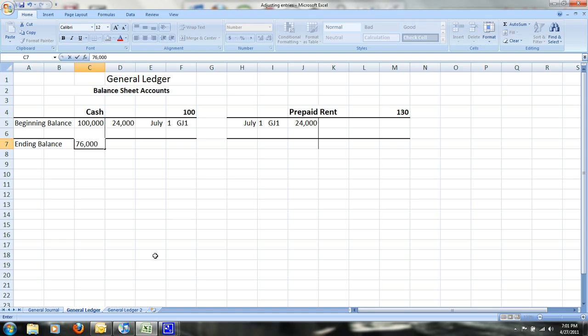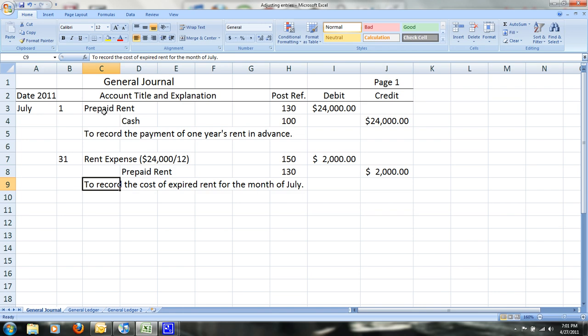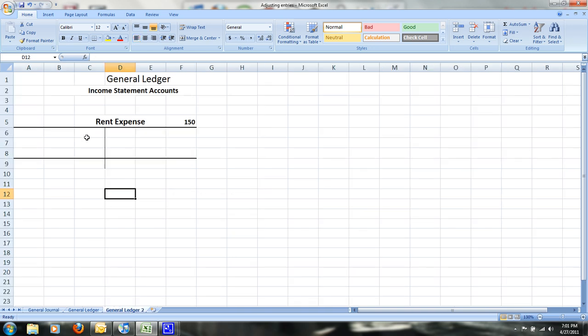Okay, and let's see what we need to do next. So we've already done prepaid rent, we've done cash. Now we're going to come down and do rent expense. We debited rent expense on July 31 from General Journal, page 1.